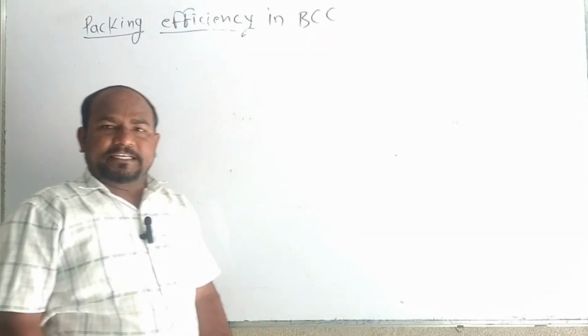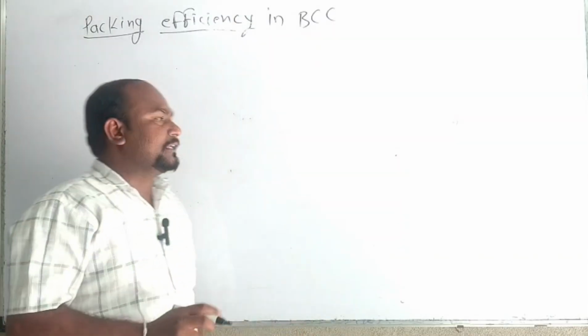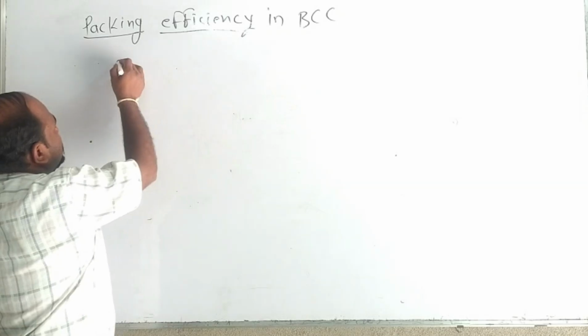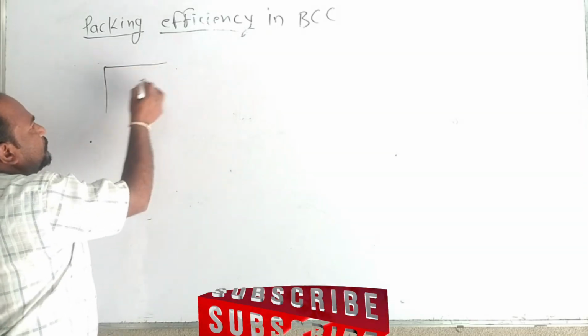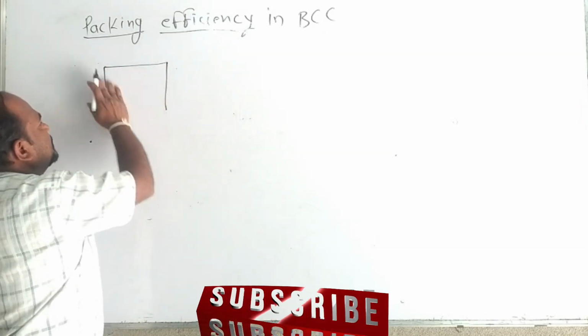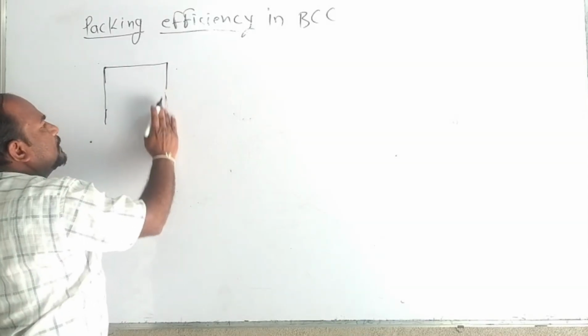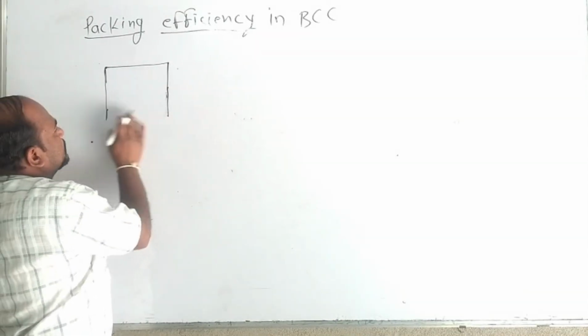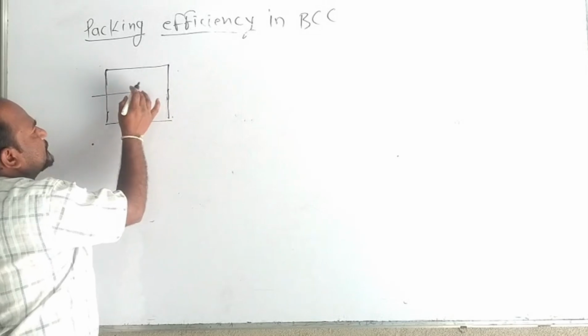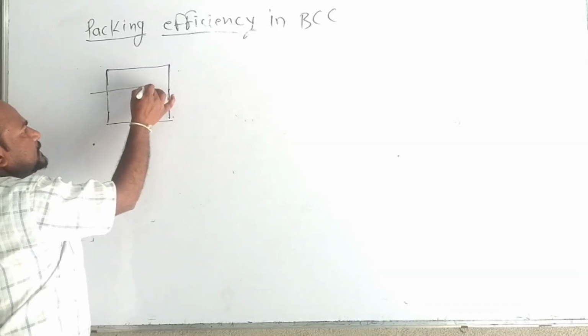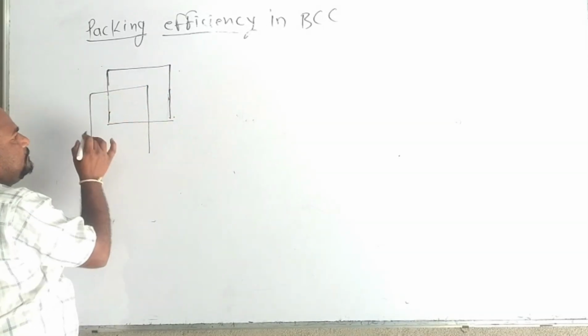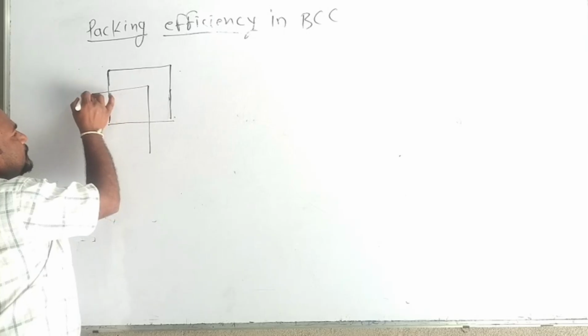So for a detailed understanding we have to draw a BCC unit cell. So how? See on the board how we are going to draw the body centered cell. Suppose this is a body centered unit cell.